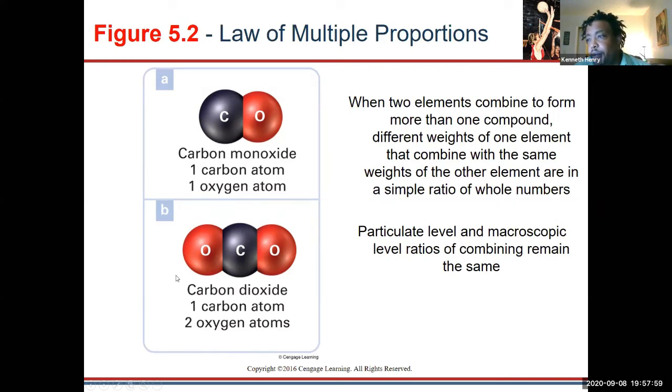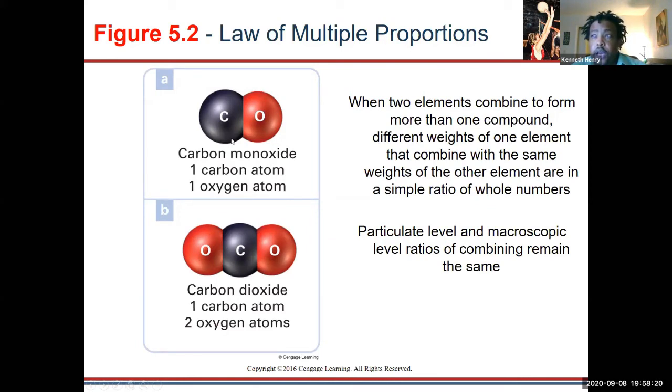This compound down here, we have 2 oxygen atoms to 1 carbon atom. And so basically, you're always going to have a ratio, right? So these guys are 2 different compounds. They behave differently. They're not going to act the same.